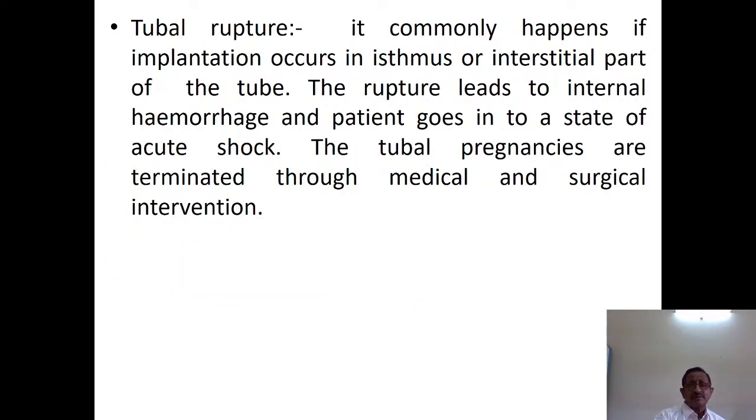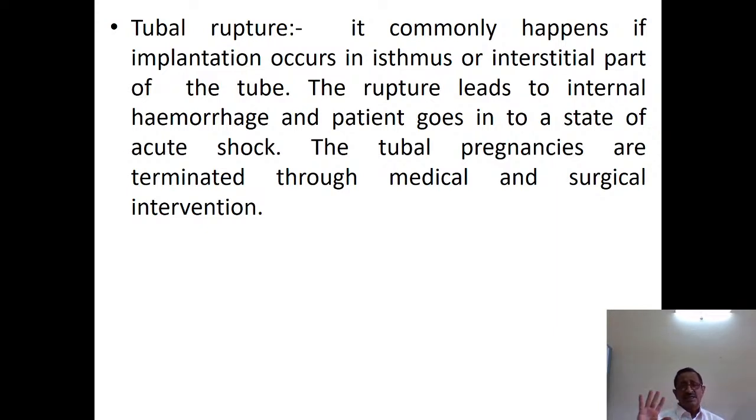Tubal rupture. If the implantation happens in the isthmus part or interstitial part, that is the very narrow part because it is passing through the uterine wall, the rupture leads to internal hemorrhage and the patient goes into a state of shock because of the severe hemorrhage.